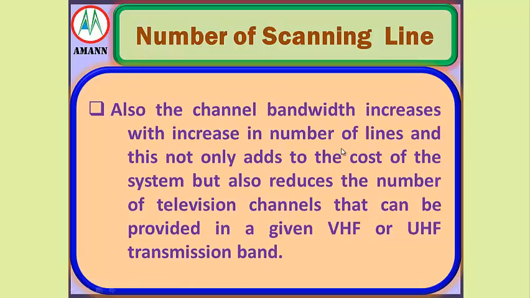Also, the channel bandwidth increases with increase in number of lines, and this not only adds to the cost of the system but also reduces the number of television channels that can be provided in a given VHF or UHF transmission band.